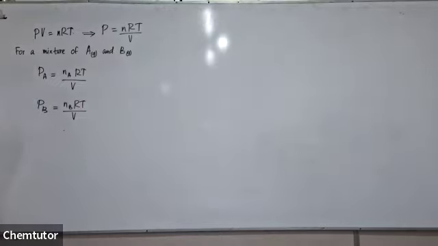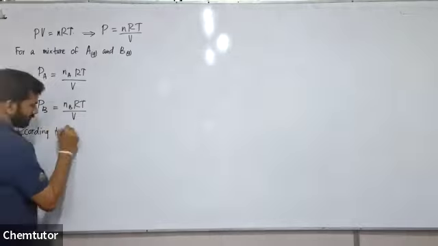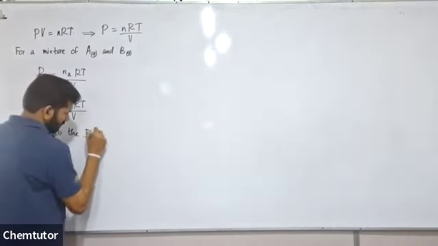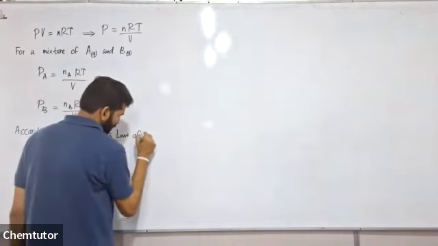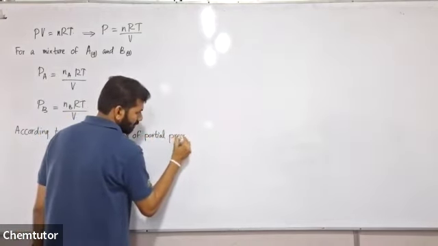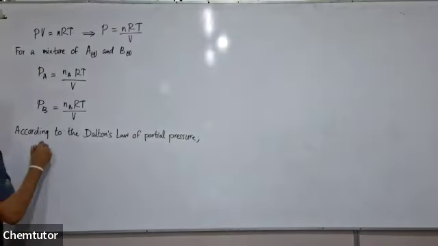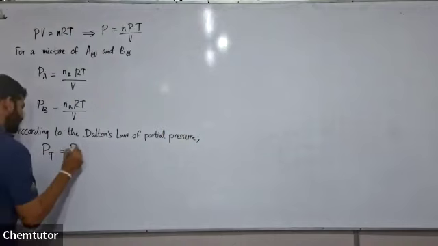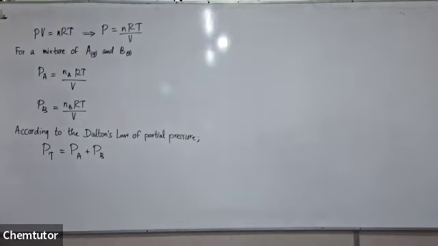Okay. So according to Dalton's law of partial pressure, we can say that the total pressure equals PA plus PB. So we can rearrange.